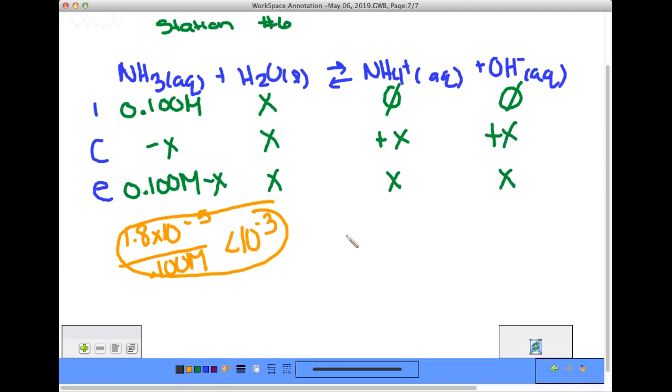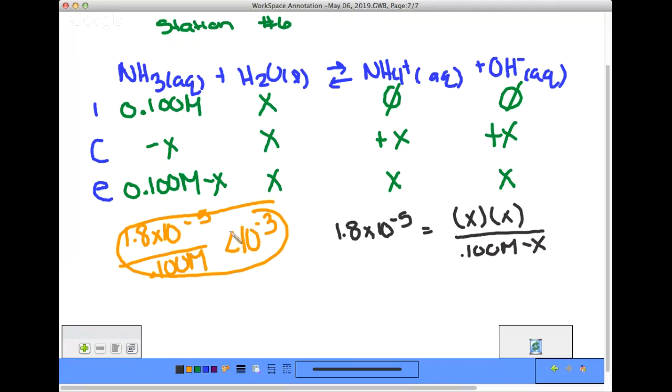So when we look at this and we write out our equation, KEQ, actually, let me erase that. Let me do it this way. So let's say we have 1.8, so I'm just plugging things into my equation right away, is going to equal x times x divided by 0.100 molar minus x.